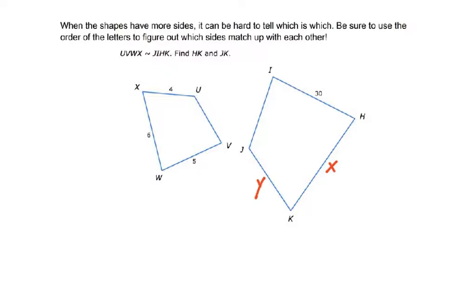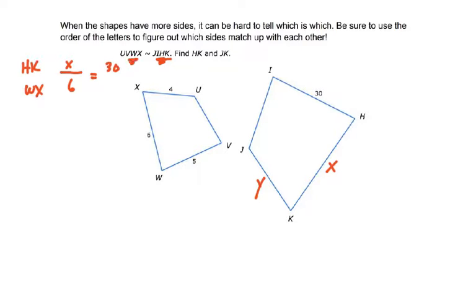Based on the order of the letters, we've got HK, which is the last two letters. So it must match up with WX. HK we've called X. WX is 6. And then this one is the only number on that shape. So IH is 30. That's the middle two letters.